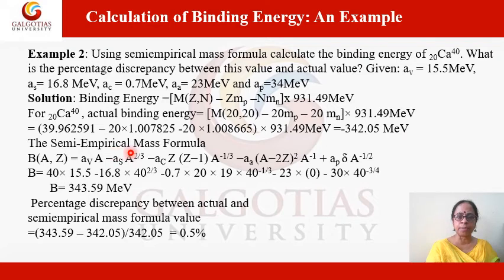But by using the semi-empirical mass formula, when we put in all the values, we find the value comes to 343.59 mega electron volt. So how much is the difference? The difference divided by 342.05 is equal to 0.5%. That is the discrepancy.